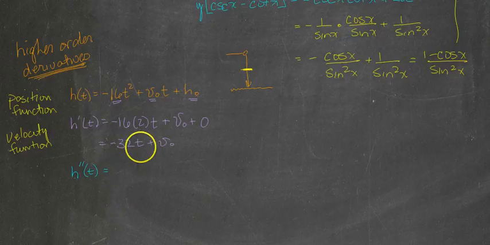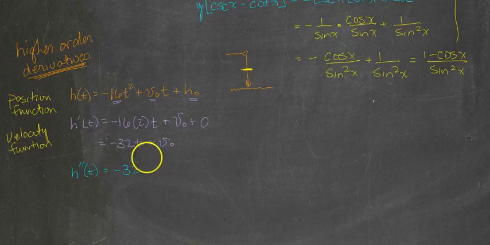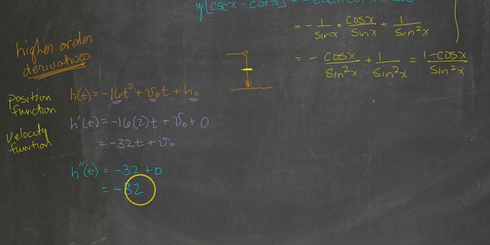But the second derivative, doing the same thing, noticing that negative 32t, the derivative of that is just negative 32. And velocity is just a number, so it becomes 0. And so in this case, the second derivative is negative 32. And this is the acceleration function.